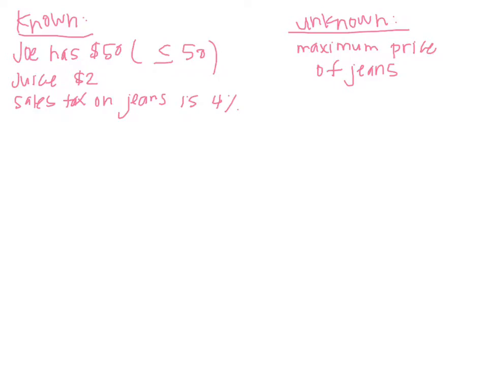Let's start out by writing a verbal model, as we always do. The price of my jeans, plus the tax I spend on my jeans, plus my juice, all has to cost less than or equal to the $50 that Joe has.